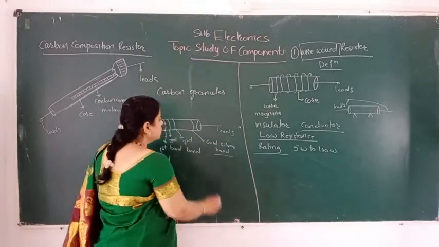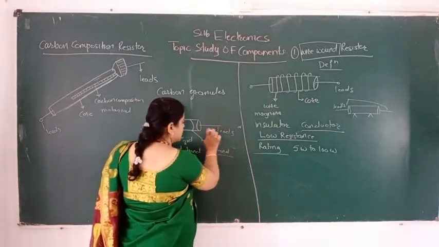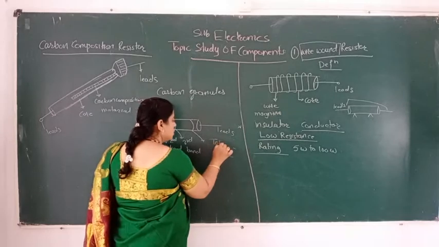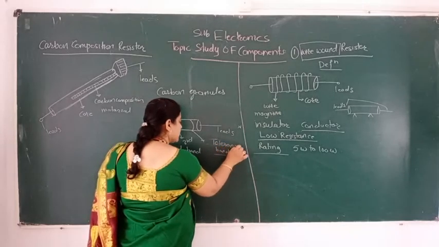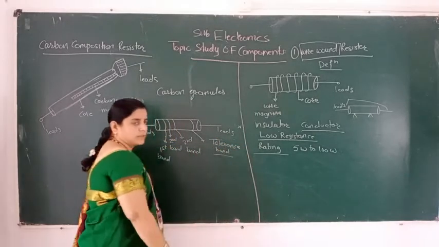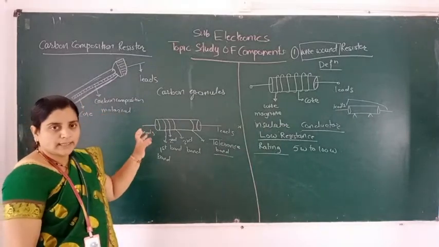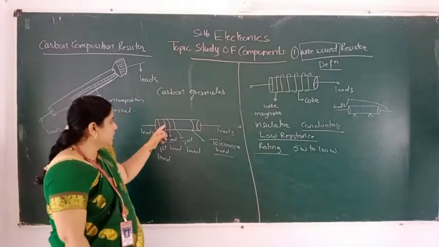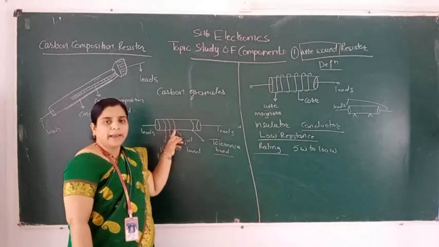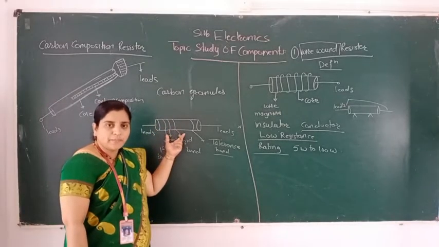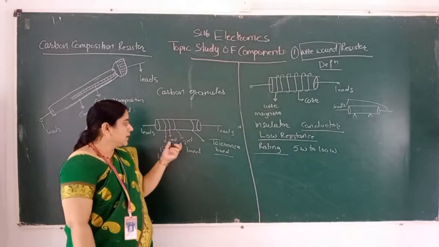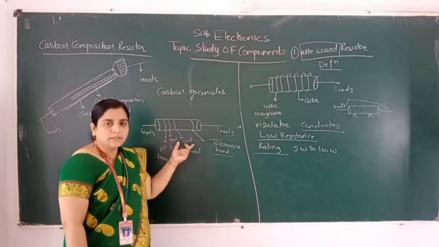It is the tolerance band. You can write here tolerance band. Okay, so its value is not exactly fixed. Its value depends on its bands. Whichever color of band you have taken, you can calculate the value from that.